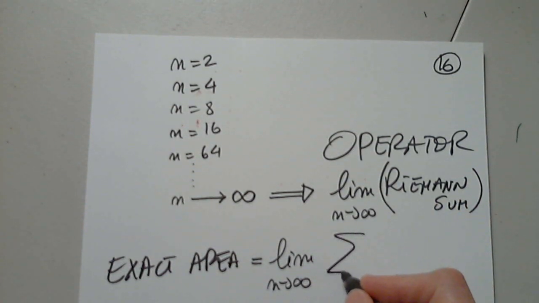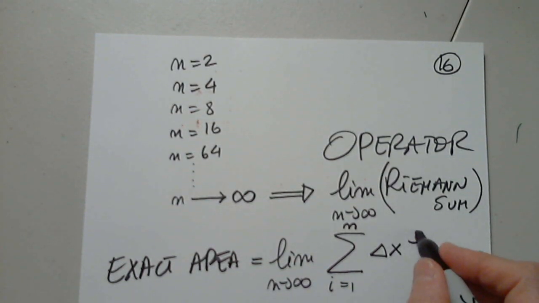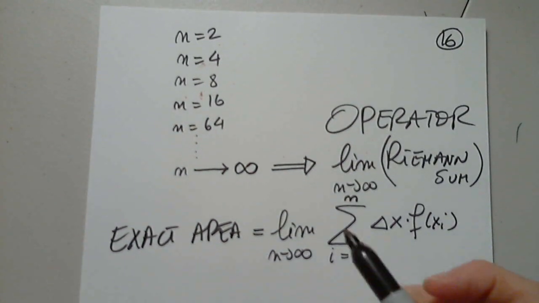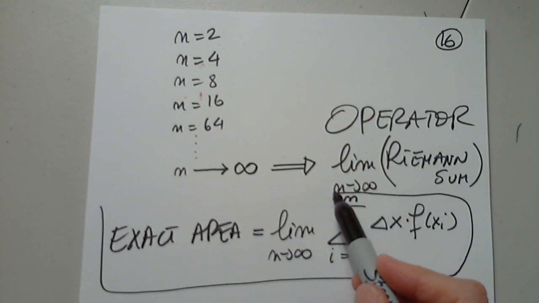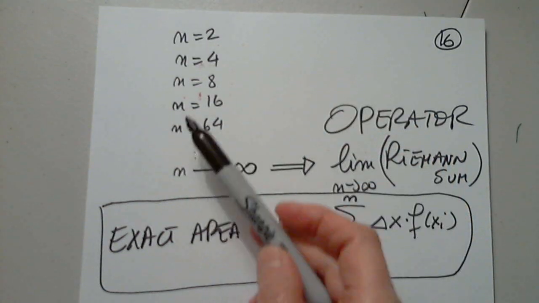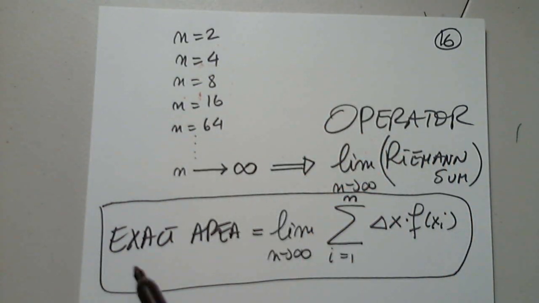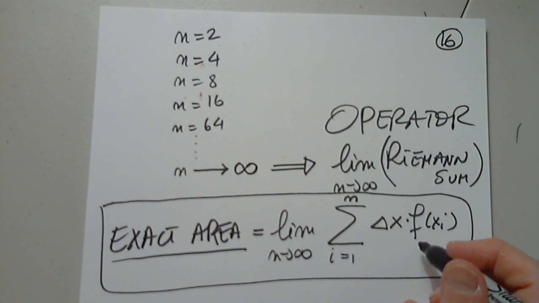The sum from i equals 1 through n of delta x f of xi. This is the exact area. No approximations whatsoever. All these are approximations. This one is the exact. The limit of the Riemann sum.